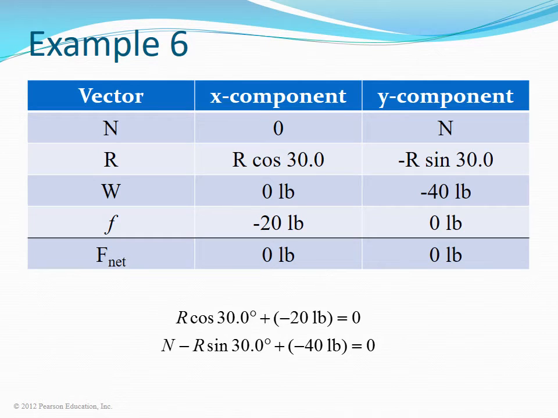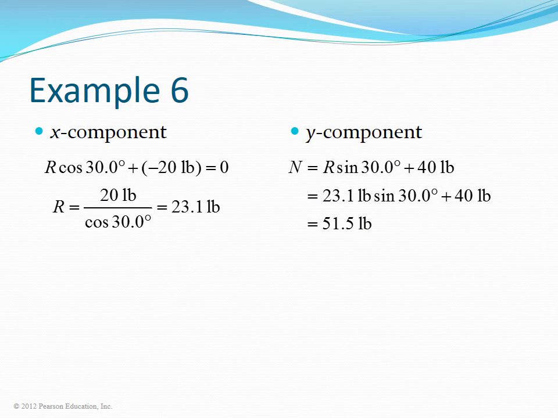Summing all the x components yields the first equation. Summing all the y components yields the second equation. The x component gives us the compression force of 23.1 pounds. The y component gives the normal force at 51.5 pounds.